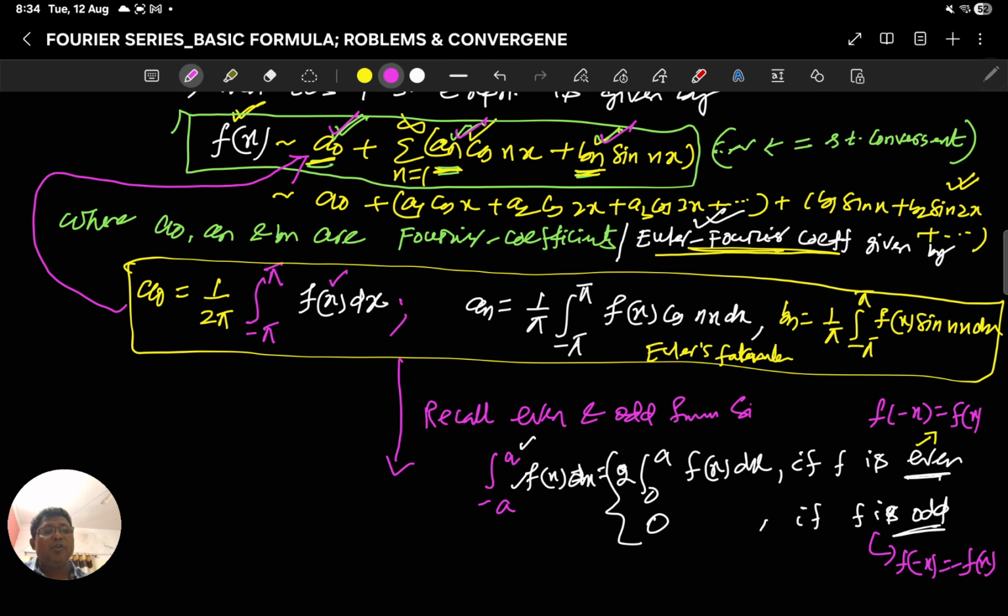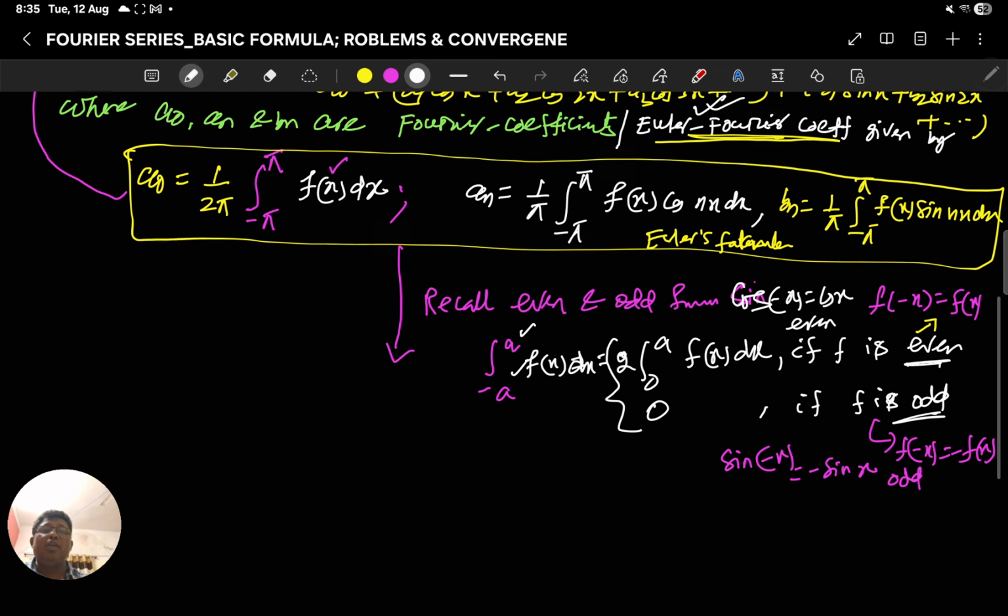For example, sine of minus x is minus sine x, an odd function, and cosine of minus x is cos x, an even function. So this even and odd nature of the function will make the formula of the Fourier series simple.